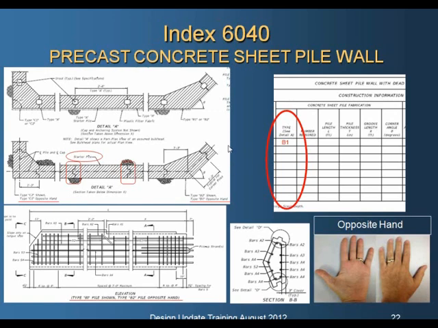Depending on which way you're going and which end you are, the orientation of the shear keys would vary. We have not heard of any issues yet, but I could definitely see one in the future. Therefore, we went ahead and modified this to show that if you have the opposite hand of this detail, then you would specify this for the fabricator, and he would be certain of the orientation of the shear keys.